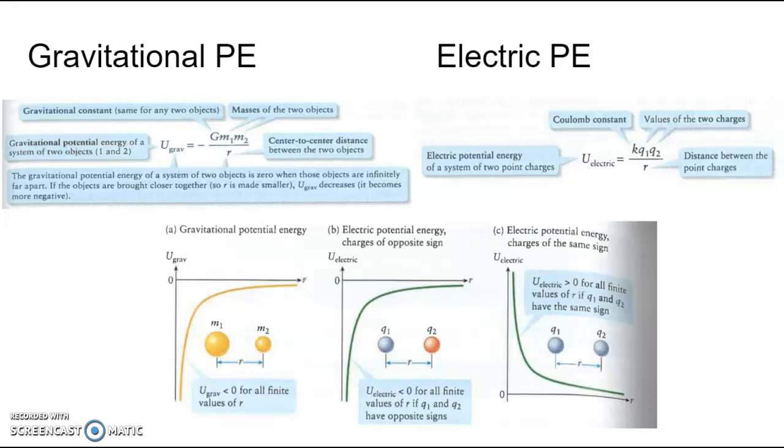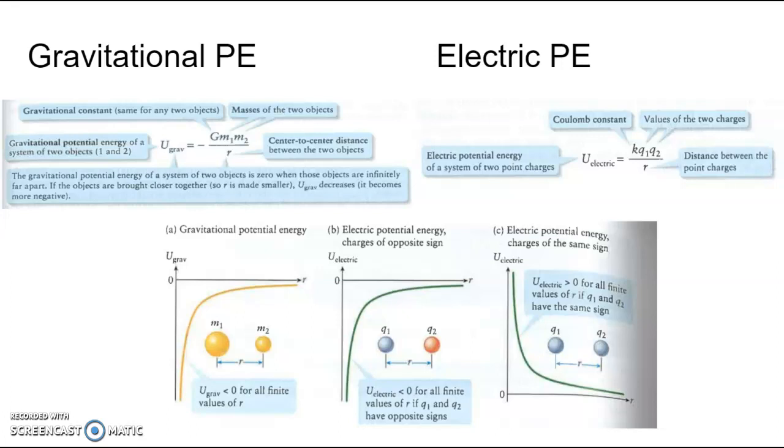Similarly, if we were looking at a situation where we have a positive charge and a negative charge, so this is situation B here, then our formula would end up with a negative sign because one charge is positive, one's negative, giving us a negative value. So our potential energy graphs look very similar, and we're dealing again with charges here that are attractive. But dissimilarly, is that a word? We'll go with it.